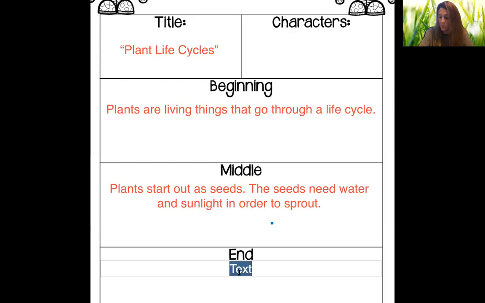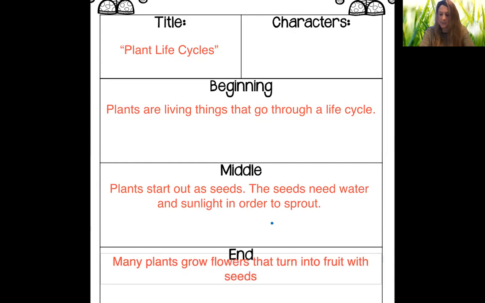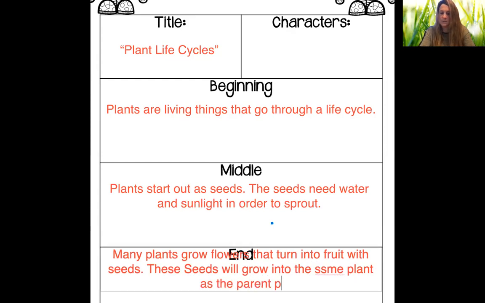So we're going to word that all together and just say many plants grow flowers that turn into fruit with seeds. Whoops, sorry, I didn't capitalize. These seeds will grow into the same plant as the parent plant.